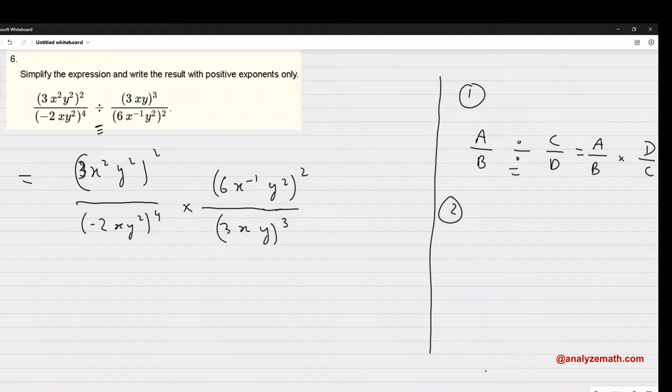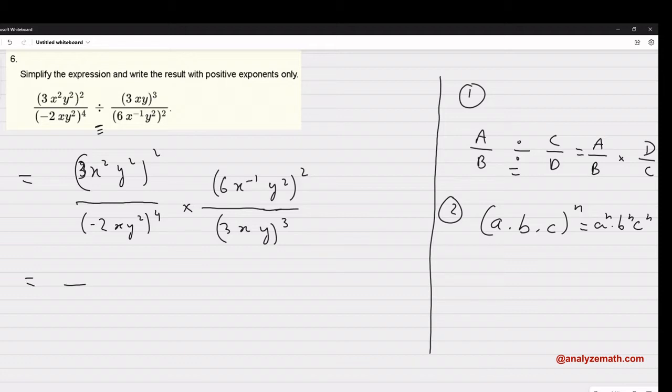The next rule is a rule of exponents. If you have a multiplied by b multiplied by c and so on, to the power n, this can be split as a power n, b power n, c power n. It's like distributing the power to all the terms inside the brackets.